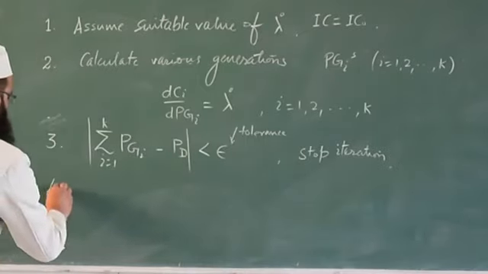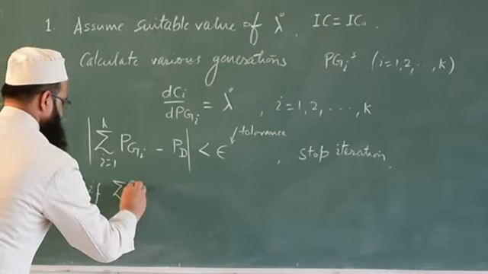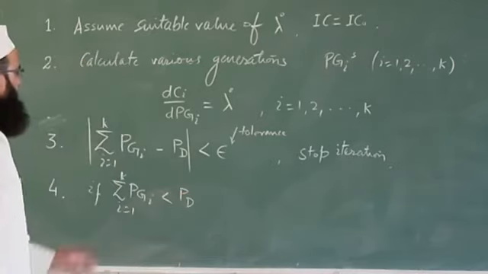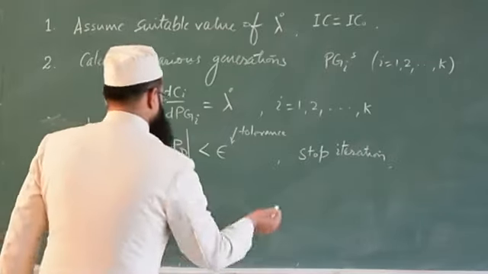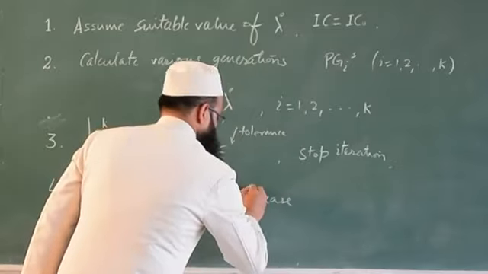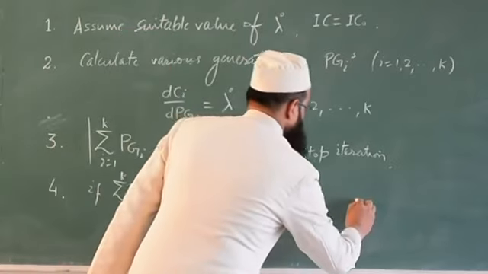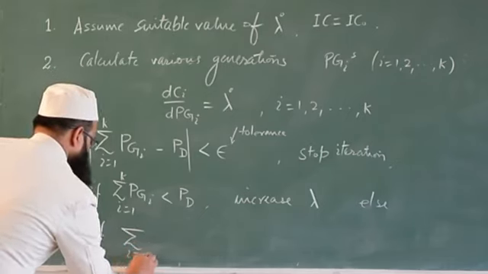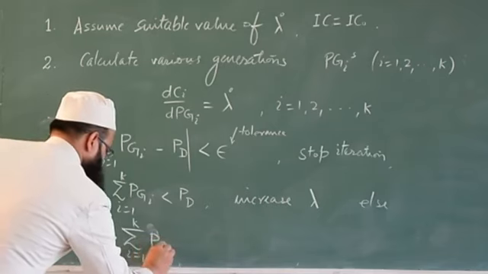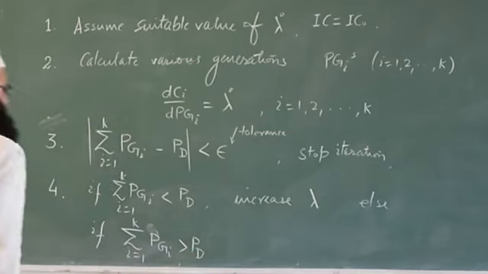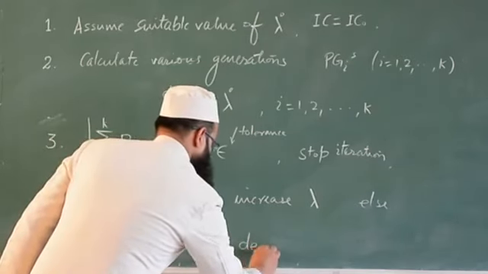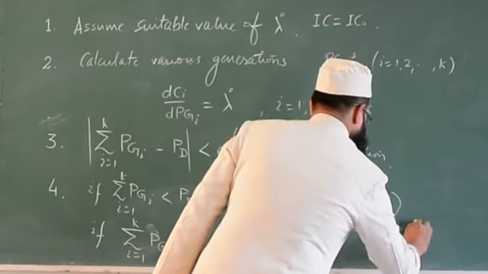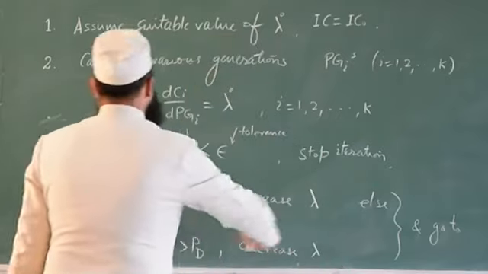So next we can write, if total generation is less than PD, or this minus this is less than 0, then increase lambda, or else, if total generation is greater than total system demand, then decrease lambda and go to step number 2.